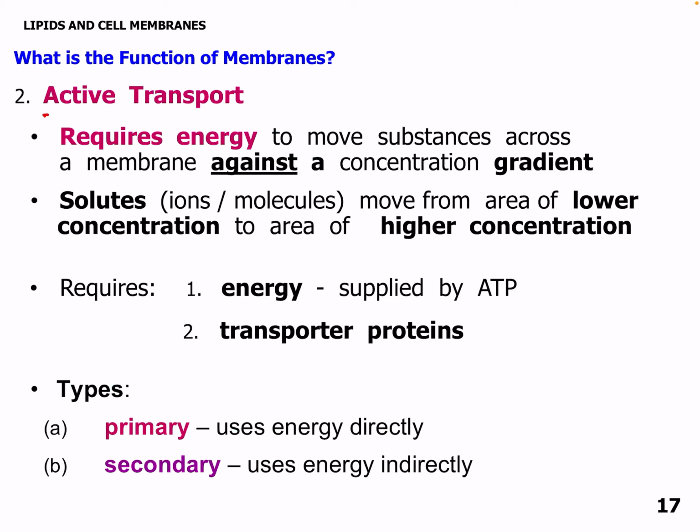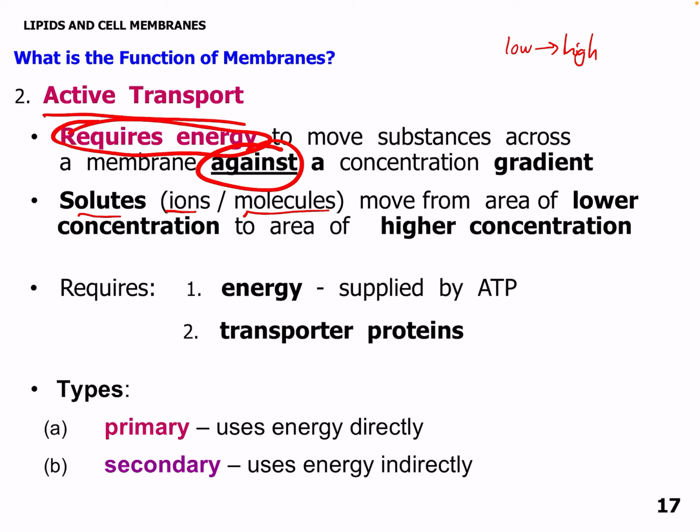So now moving on to active transport. So active transport, again, the key thing here is it requires energy to move substances across a membrane against a concentration gradient. So now we're going from low to high. So solutes such as ions and molecules move from an area of lower concentration to an area of higher concentration.